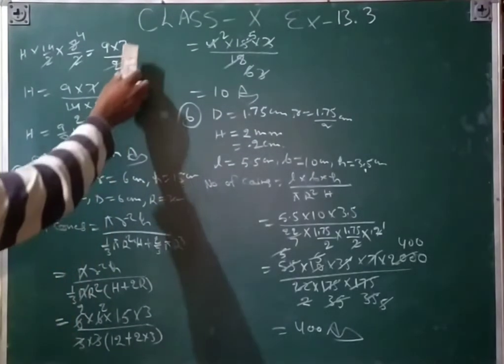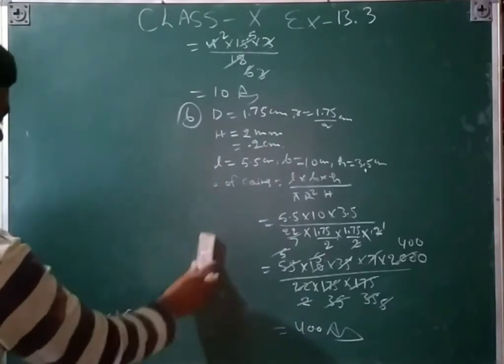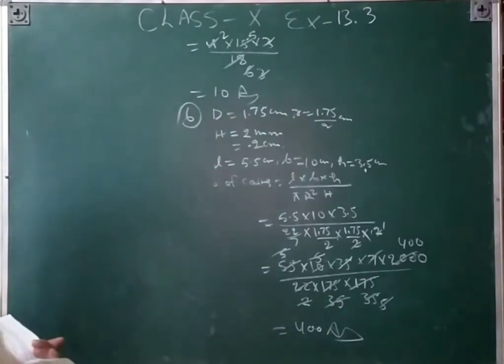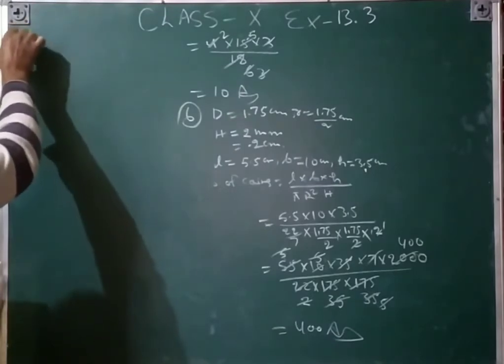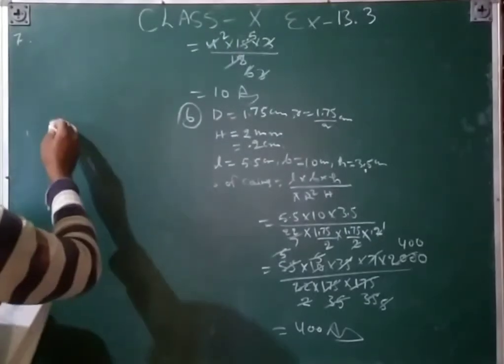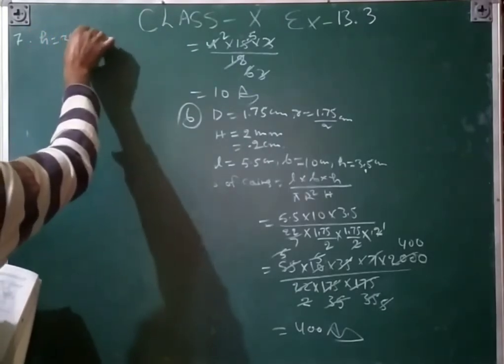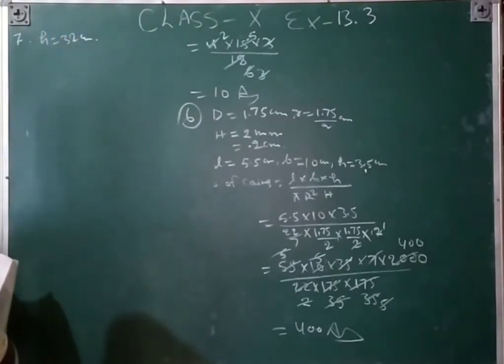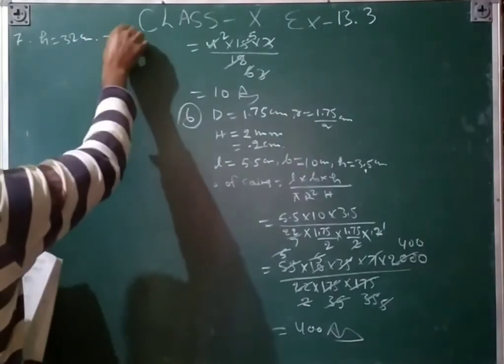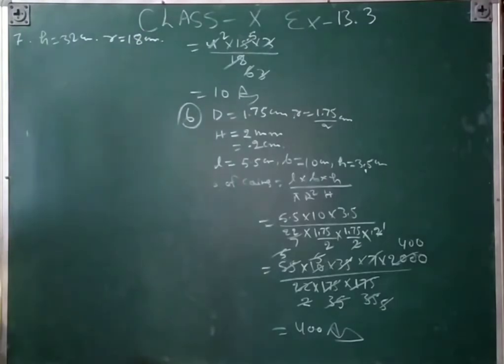Next, question number 7. A cylindrical bucket of height 32 centimeter, so h is equal to 32 centimeter and radius is equal to 18 centimeter.